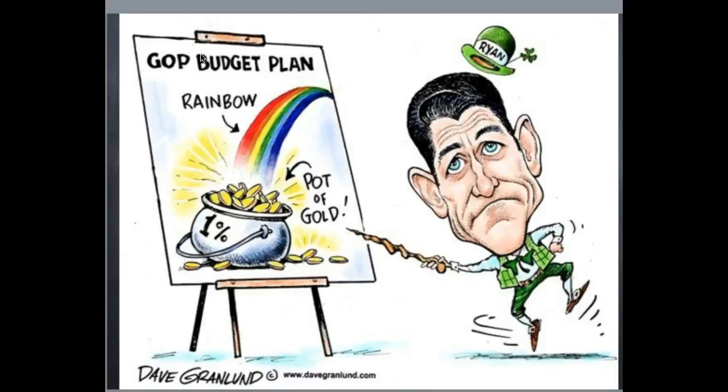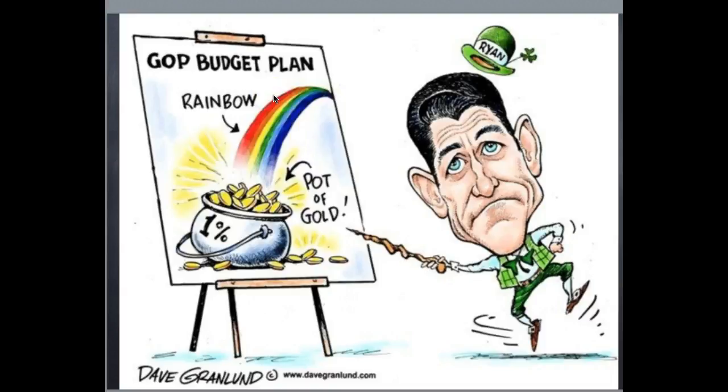Here we have a political cartoon. There's lots of labeling. We've got Paul Ryan over here, who, for those of you that don't know, is Speaker of the House, and he seems to be presenting a budget plan. The message he's getting at is that it's kind of mythical. Their budget plan is finding a pot of gold at the end of a rainbow.